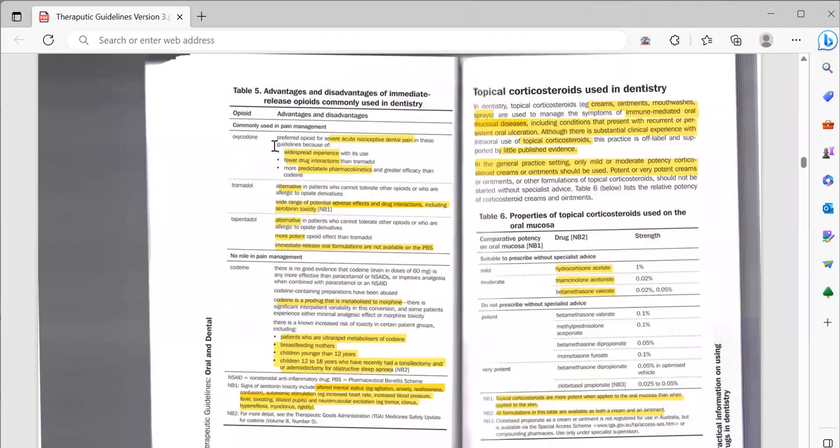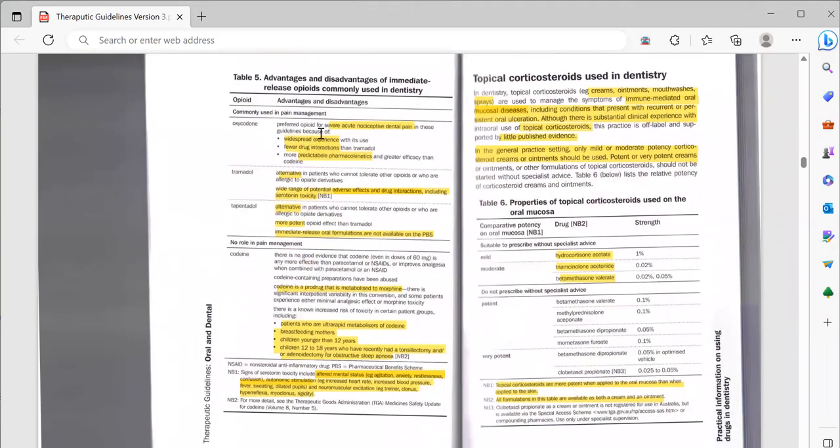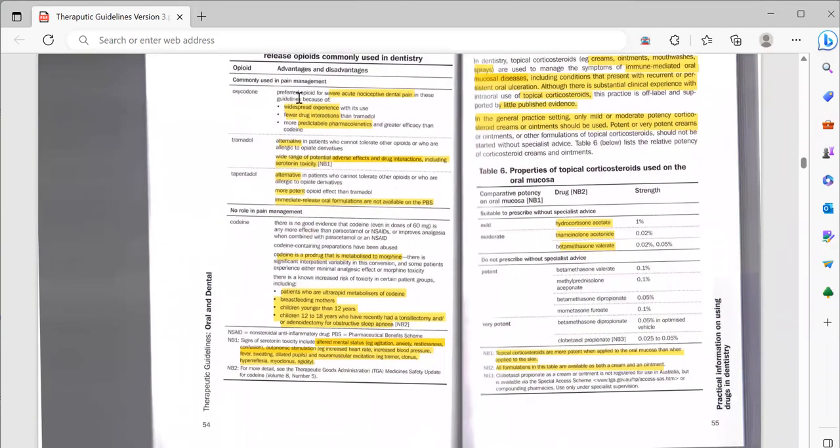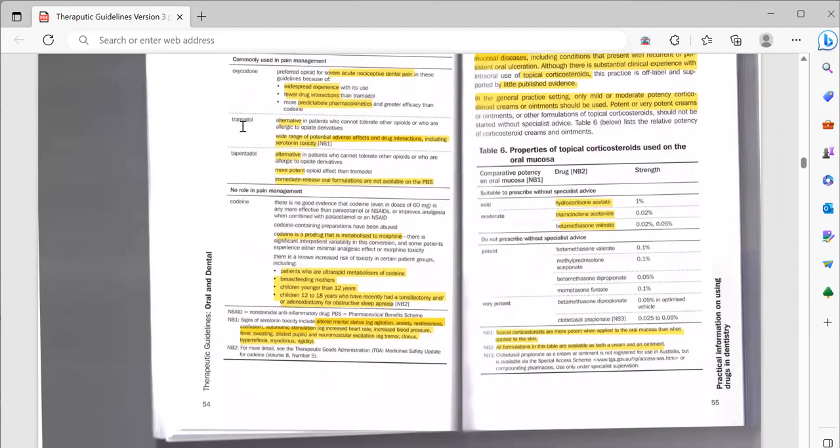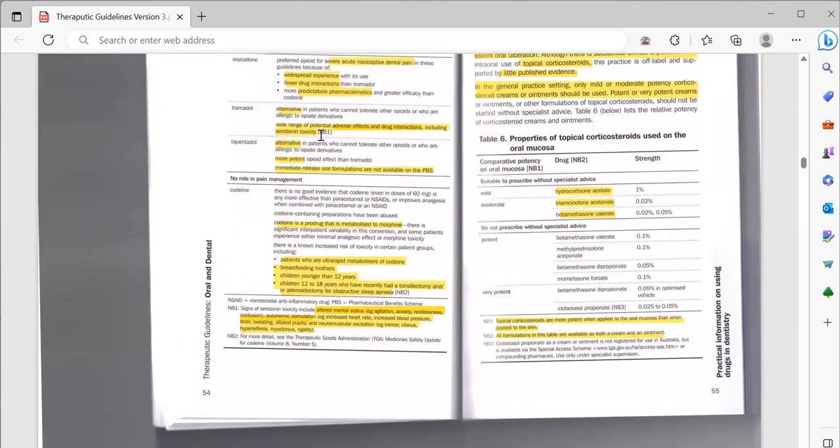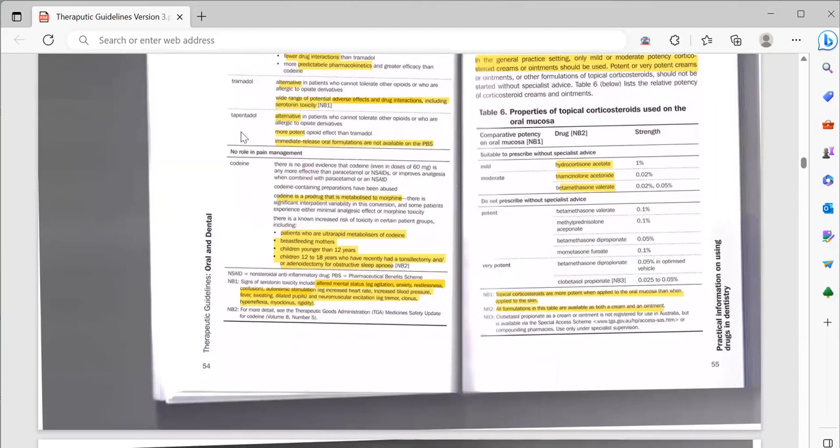For example, oxycodone is the preferred opiate for dentistry because we have widespread experience with its use. It has fewer drug interactions and it is more predictable. Then tramadol is an alternative in patients who cannot take oxycodone, but it has a wide range of adverse effects and drug interactions.